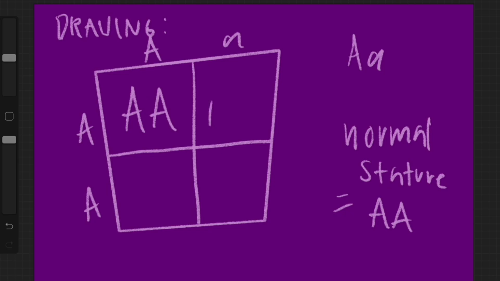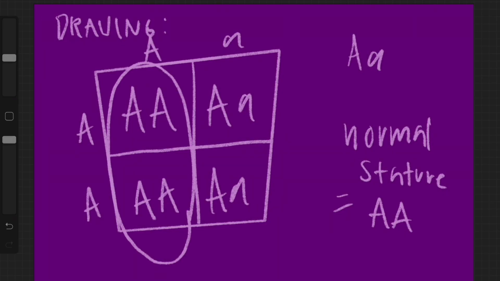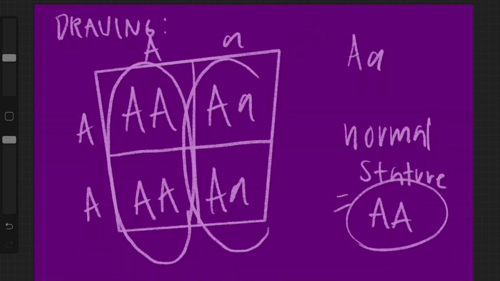Aa, aa, Aa, aa, and you can see that their offspring will have a 50% chance of being normal stature, with the homozygous aa, with another 50% chance of also developing achondroplasia.